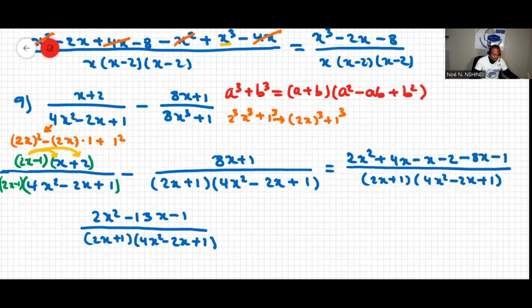Okay, sorry, it's a positive x here because there's 2x plus 1, and then positive 1, so this will be positive also. Now it's correct. 4x plus x makes 5x, 5x minus 8x is negative 3x, so not 13, but negative 3. So negative 3x minus 1. Okay, that's the correct answer.